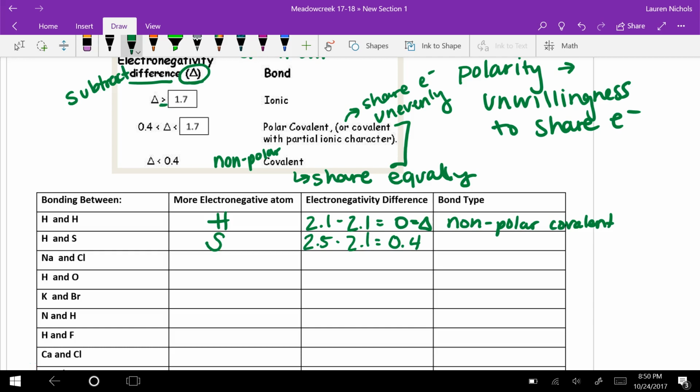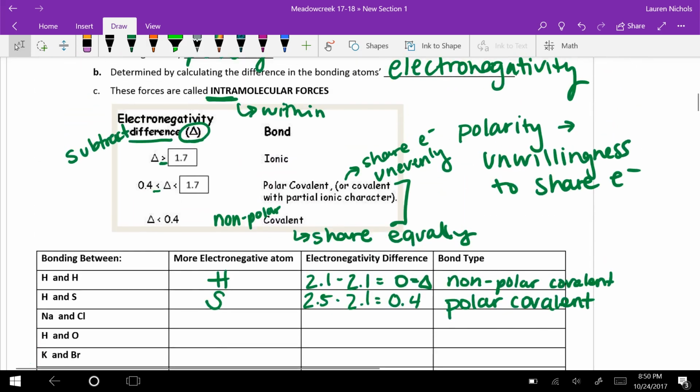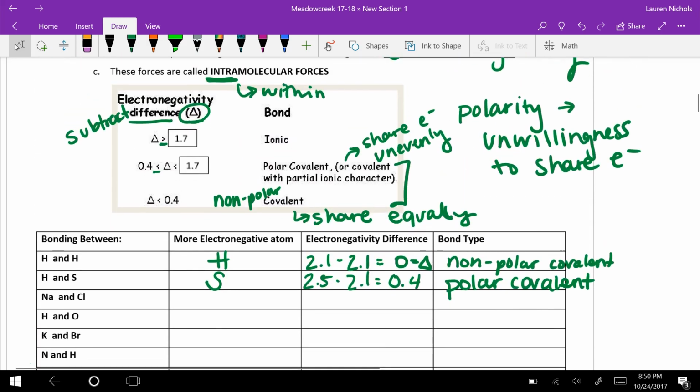If it's greater than or equal to 1.7, it's going to be ionic. And if it's greater than or equal to 0.4, but less than 1.7, we're going to have a polar covalent bond. And so we can continue to do all of these practice problems by doing the same thing and practicing using our chart.